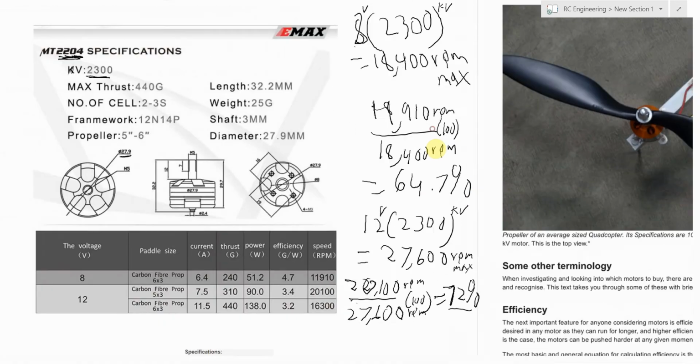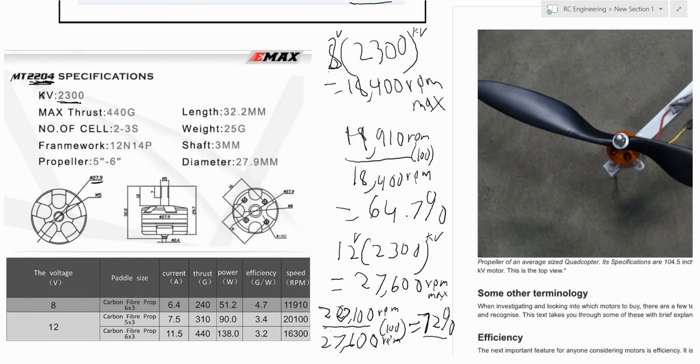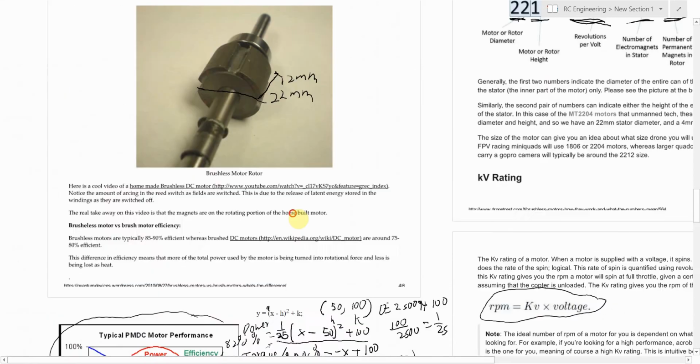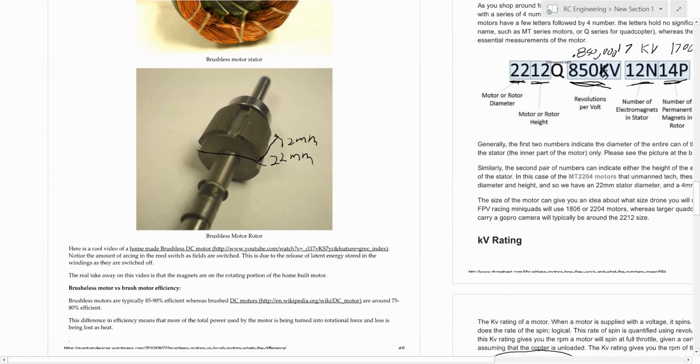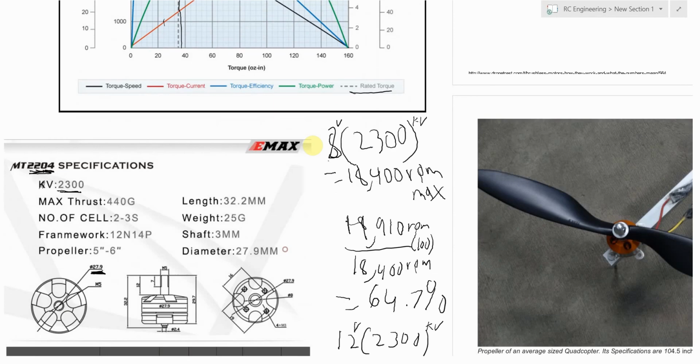So let's talk a little bit about a specific motor application. This is an airplane application. This is an Emax motor, MT2204. You see here that the size of the can, otherwise known as the housing, is 27.9 millimeters, but it says it's a 22. So that must mean that the rotor is 22 millimeters in diameter inside.